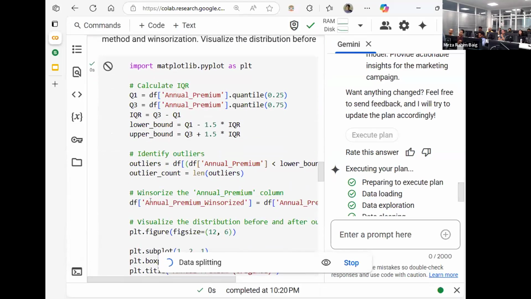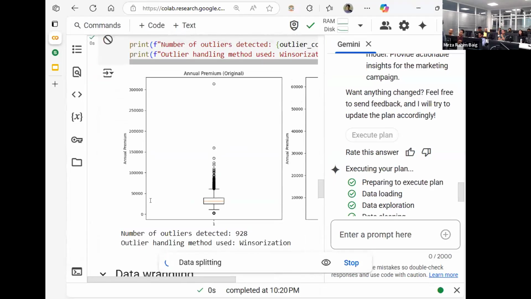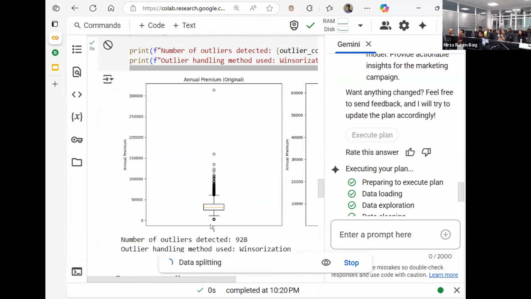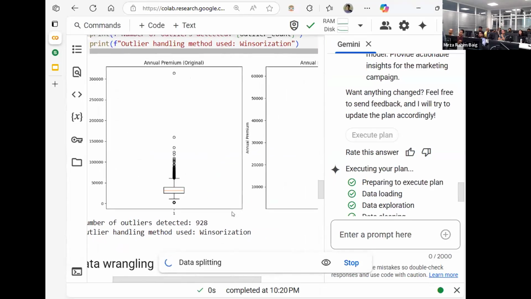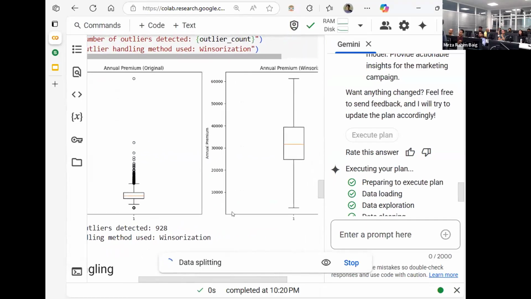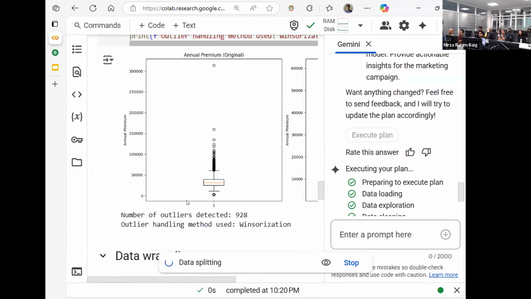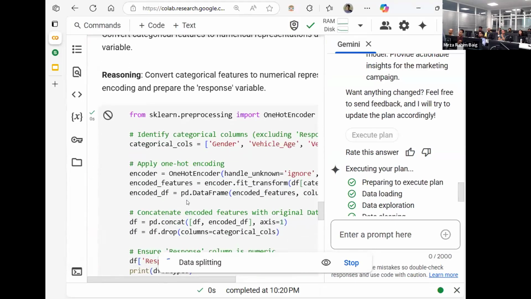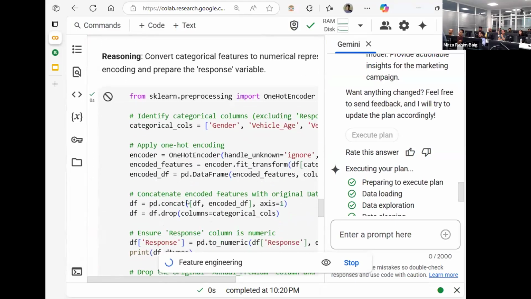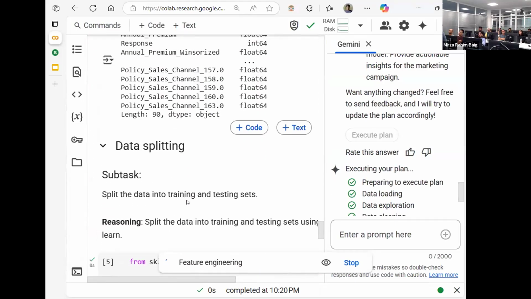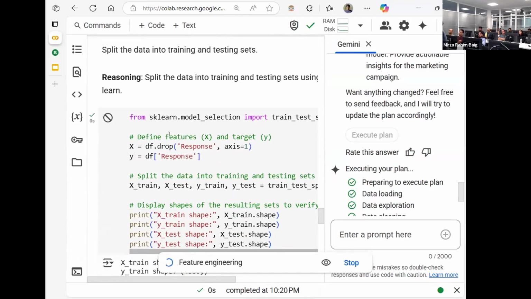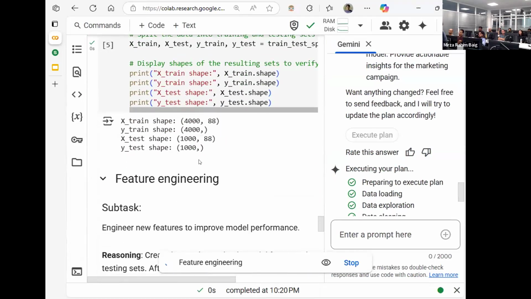Now data cleaning. Some outliers were detected, and it is handling them using a binning technique. After outlier handling, it is better. Splitting data, and it will do the train test split, model, right?